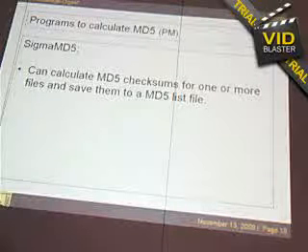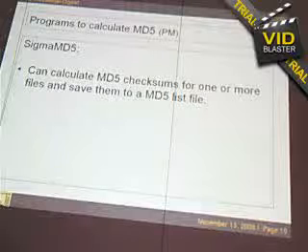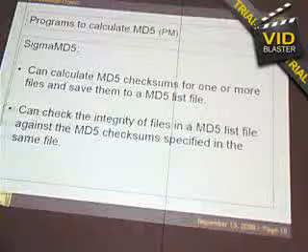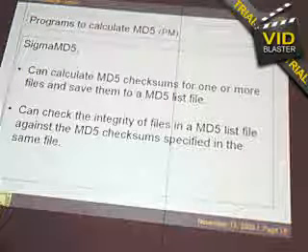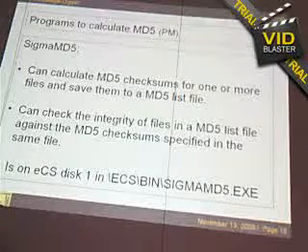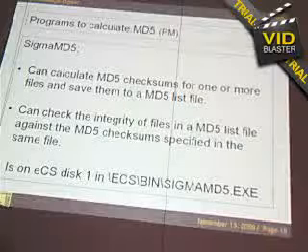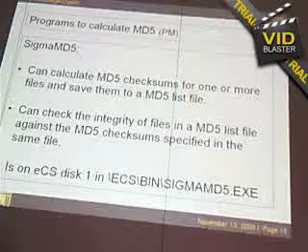Okay, as I said, you can check and save files to a list file, so you can check the integrity of files using that list file. And it's on your ECS disk. You've already got it, maybe you didn't know.